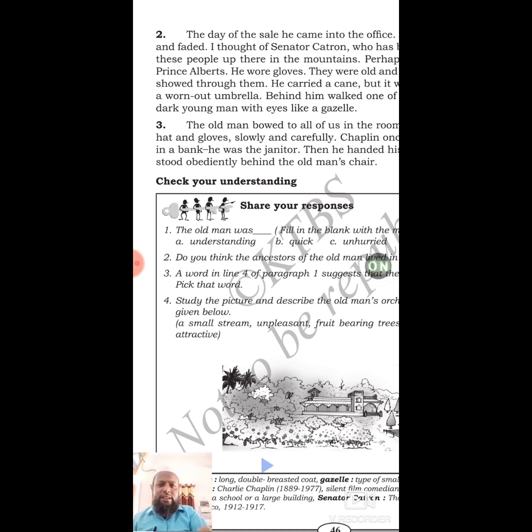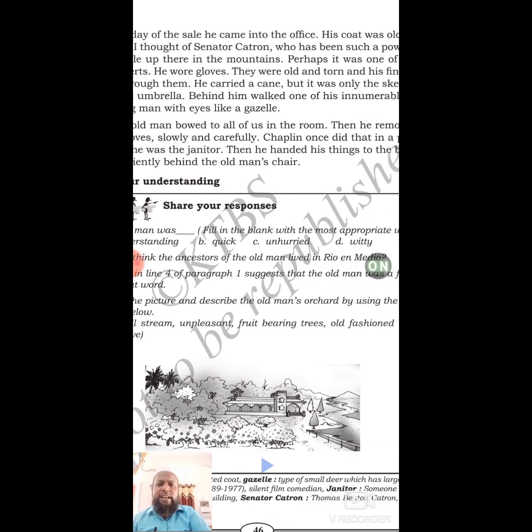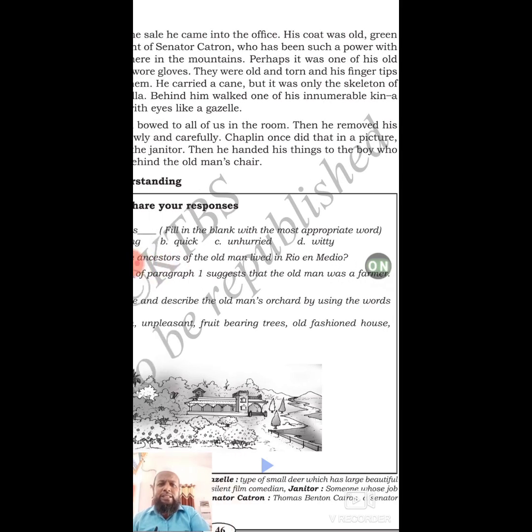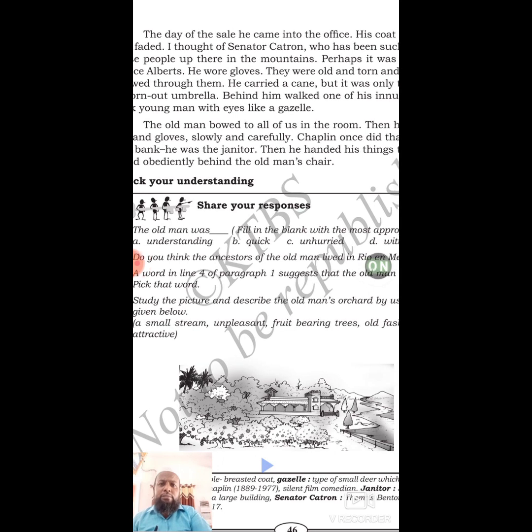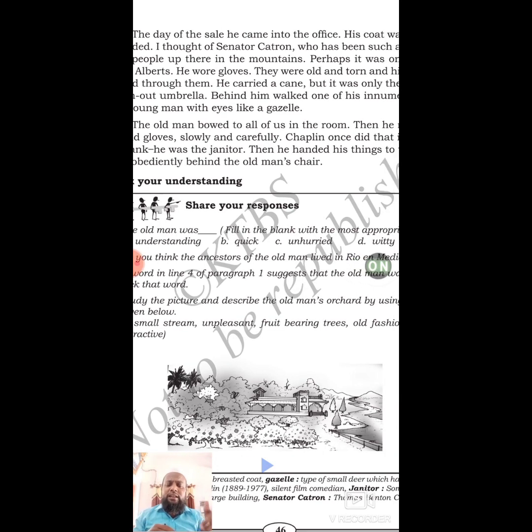He carried a cane, but it was only the skeleton of a worn-out umbrella. He is carrying a stick along with him, which is of an umbrella, a torn one. Again it is saying it is not in good condition.